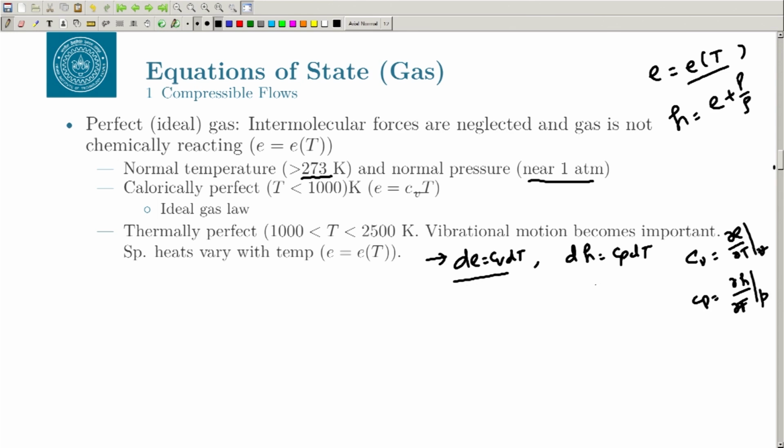So, you can write your dE and dH in terms of this, and that is true in general for a thermally perfect gas.